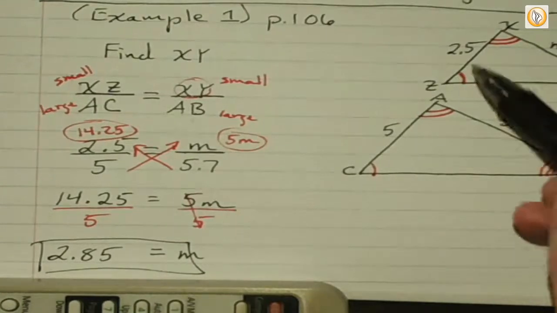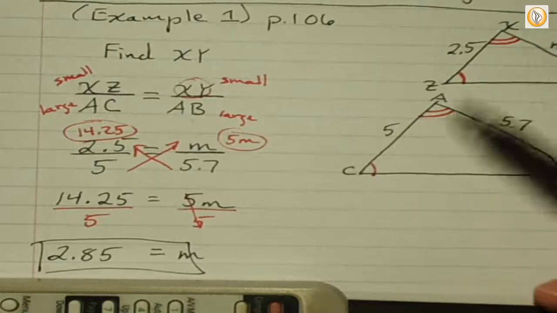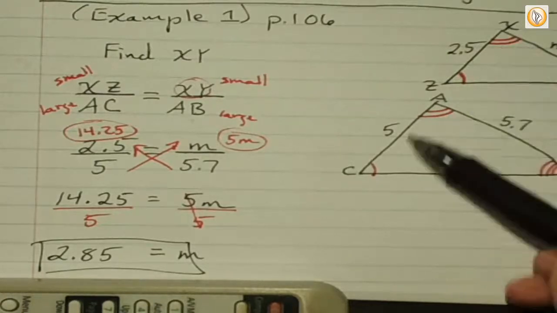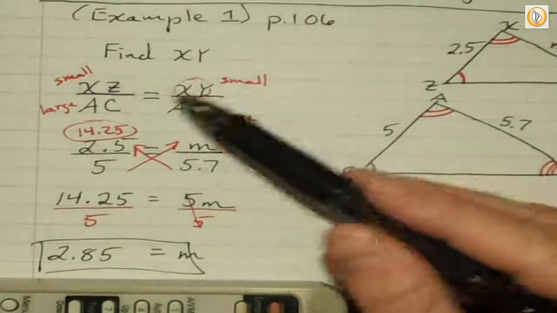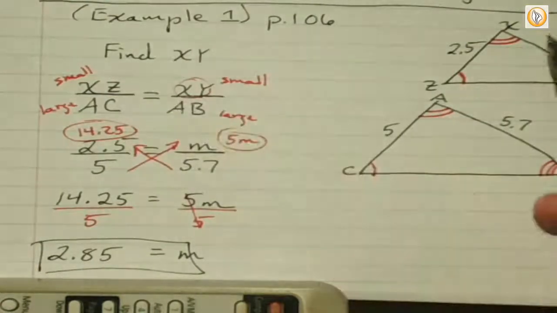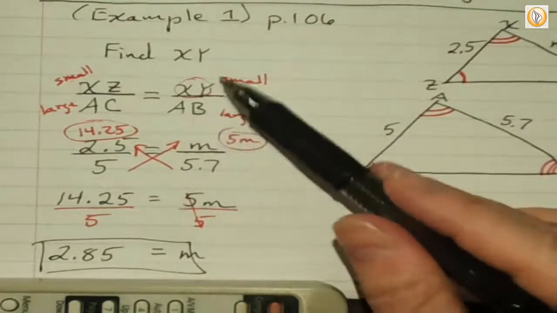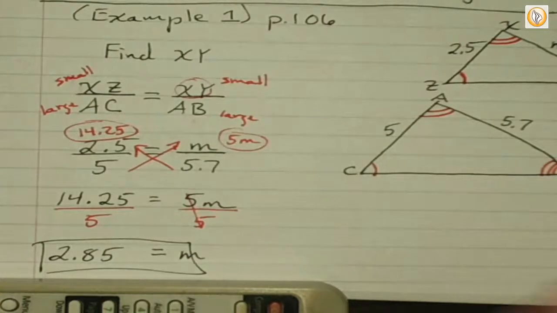You don't want like 2.5 and 5.7 in the same fraction. They don't go together. Cecilia, you need to look up here. So you want to get the measurements that they have given you that go together and then set them up equal to what you're looking for and the equivalent, like the large down here. And then cross multiply. And that will get you your missing measurement. Any questions?